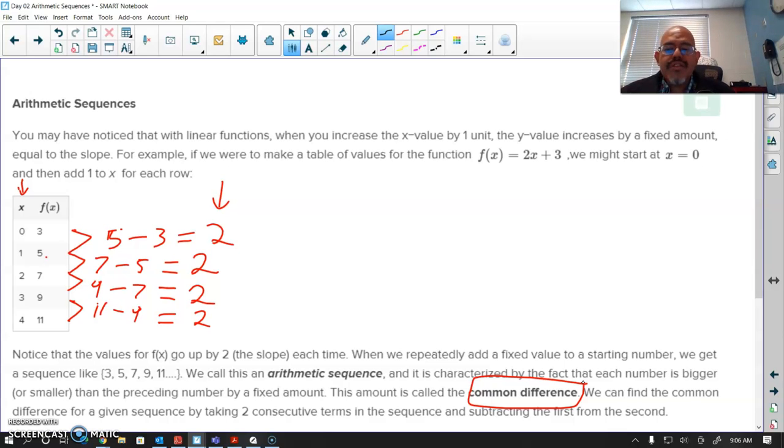So right here, the common difference is 2. So each time, they're adding 2. If you want to get the next number in the sequence, which would be placeholder 5, this would be 11 plus 2, which would be 13, and then 15, and then 17, and so on and so forth. And that's basically it on that.